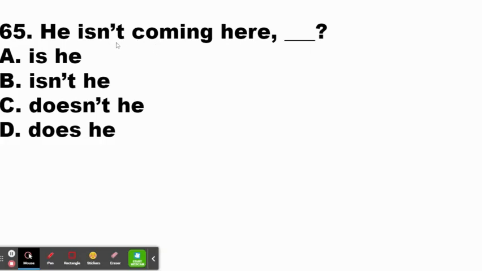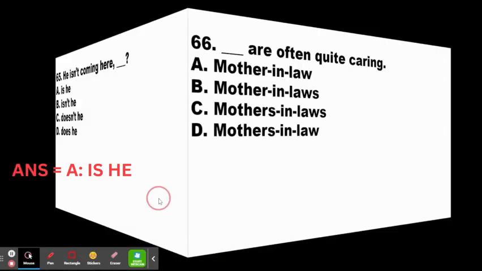And here you have a negative. He isn't coming here. Is he? So option A is correct. If you say he is coming here, then the tag should be isn't he? But when you say he isn't coming here, is he? So this is how these things work.